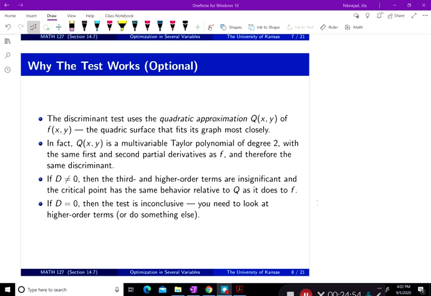When D is equal to 0, the test becomes inconclusive because we don't know how the higher orders are going to work. And so the next video is about examples.